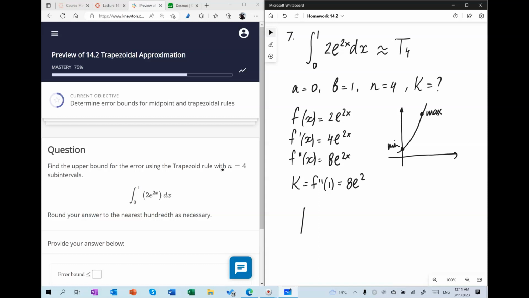And the upper bound for the error in trapezoidal approach here will be found using this formula.